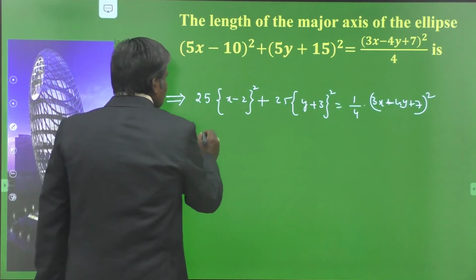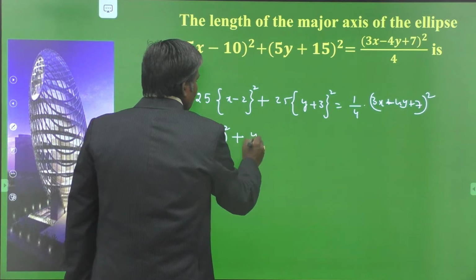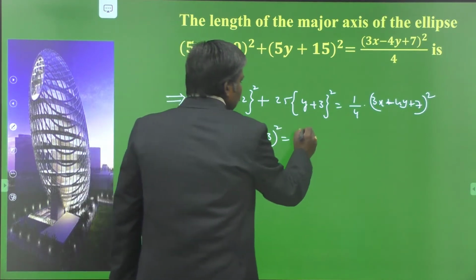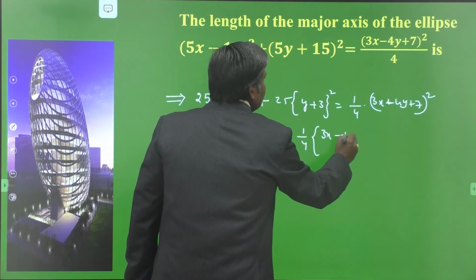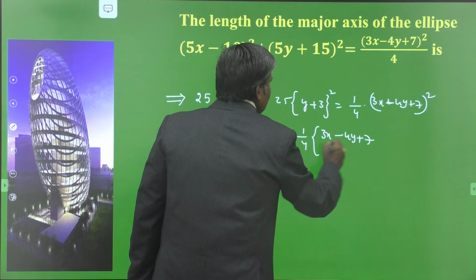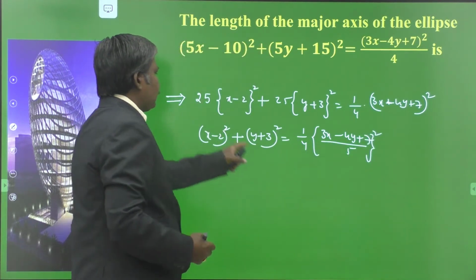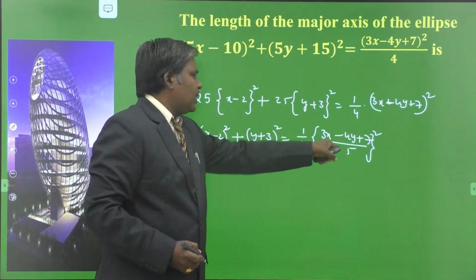So (x minus 2) whole square plus (y plus 3) whole square is equal to 1 by 4 times of ((3x minus 4y plus 7) by 5) whole square. Am I correct or not? 25 is coming to the denominator, that is 5 whole square. You can write that one.